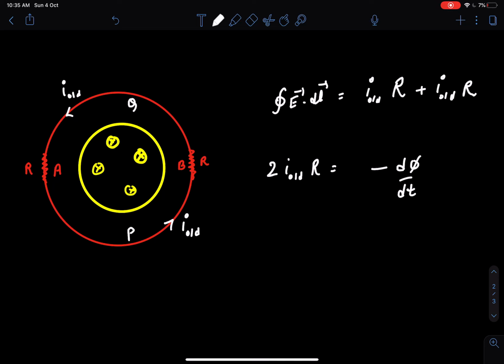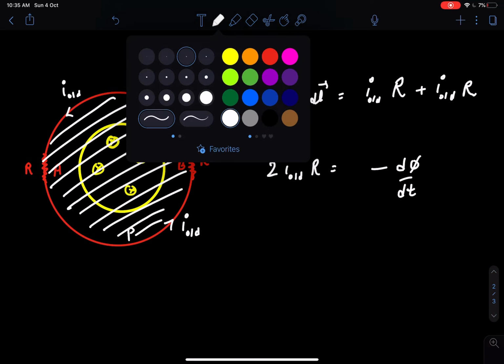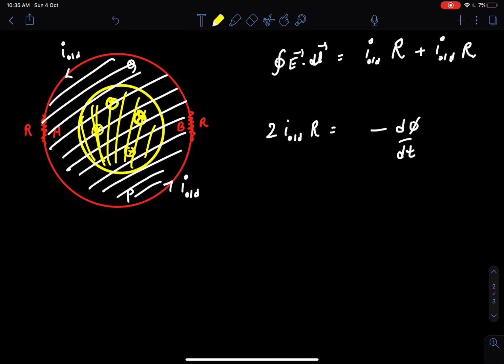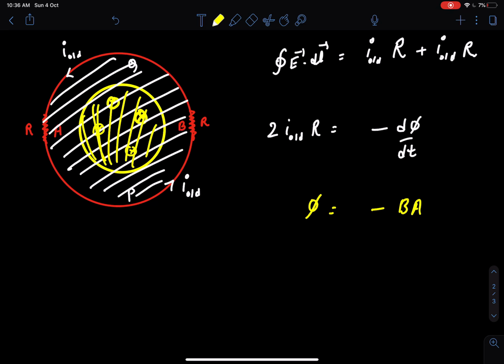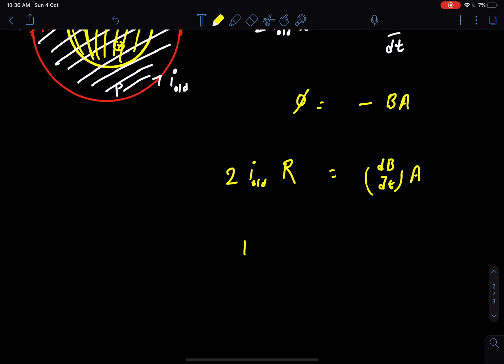We are circulating along this red loop, so this is the area through which we have to calculate the flux and its rate of change. However, out of that entire shaded area, only the yellow part had the flux, and we have already understood that for the yellow part the flux can be written as minus B into A, again because we are doing anti-clockwise circulation. So 2 I old into R is equal to dB by dt into A, and so the old current was actually half of the new current through the bulb A.